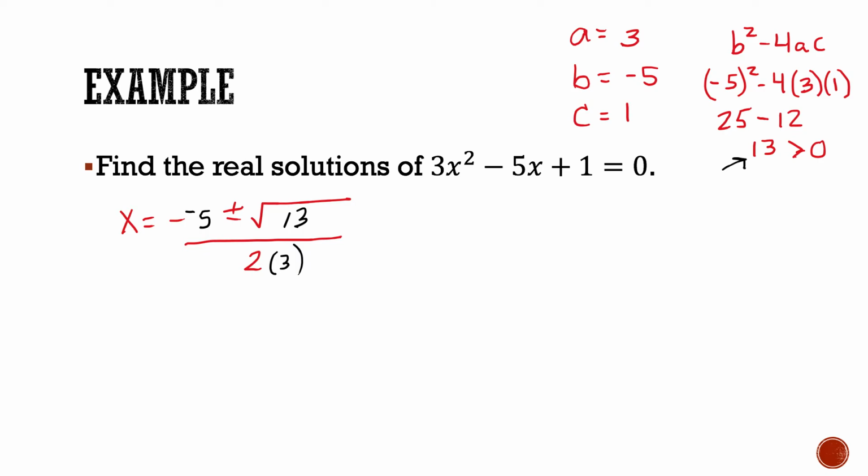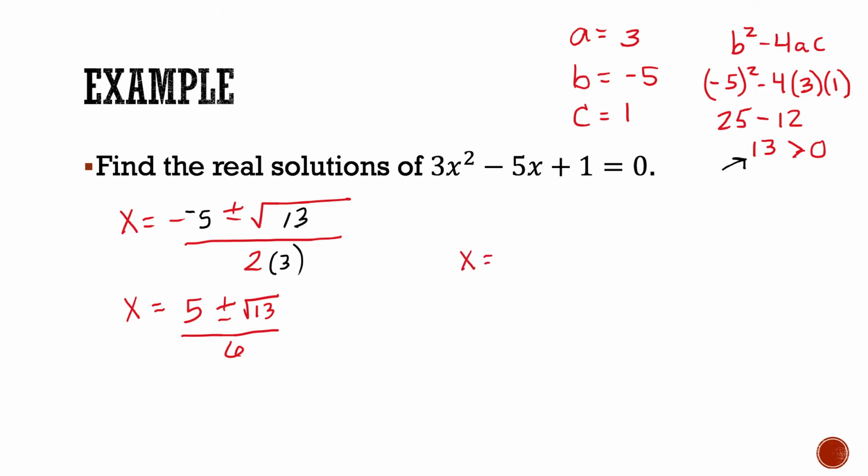So now we can look at simplifying things. We have a negative 5, which is going to become positive. And then on the bottom, I have 2 times 3, which will be 6. And so actually right now I'm done. I do have 2 real answers because I have one with a positive and one with a negative.